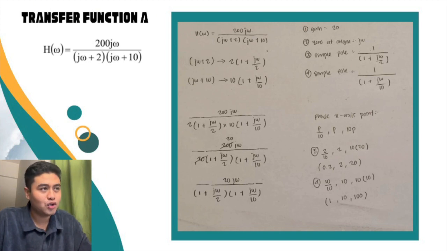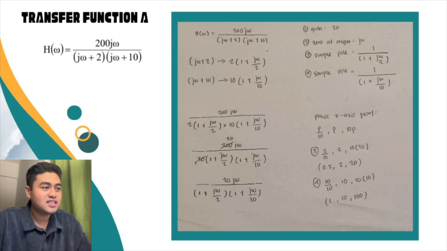When you do this kind of thing, you must expand it back and make sure you get the same answer. After you get the equation, put it back in. As we can see on the slide, it is 200 jω over 2 multiplied by (1 plus jω over 2) multiplied by 10 multiplied by (1 plus jω over 10).